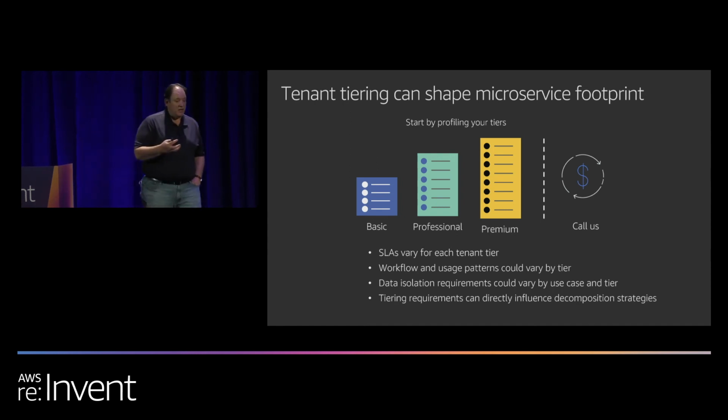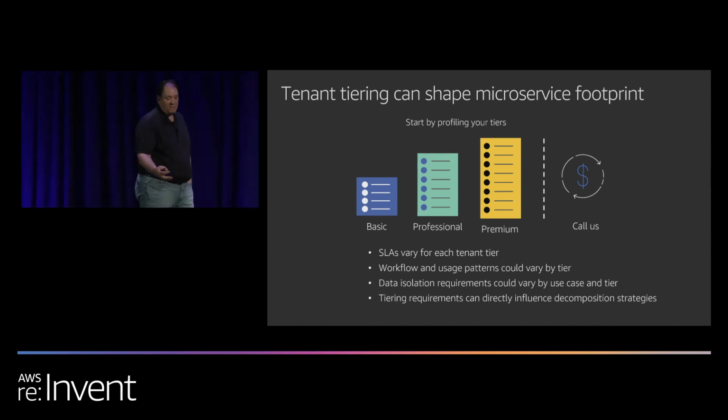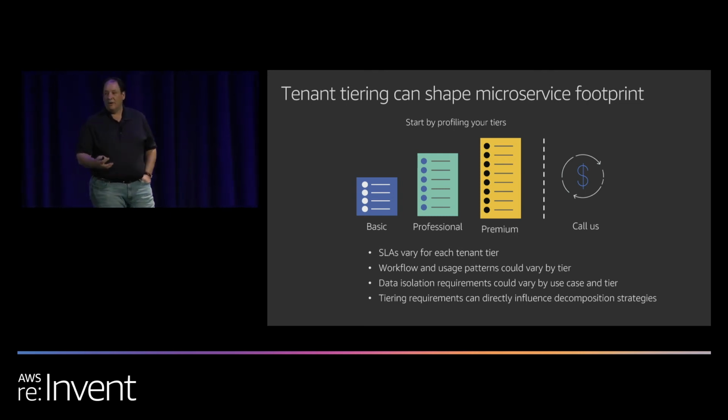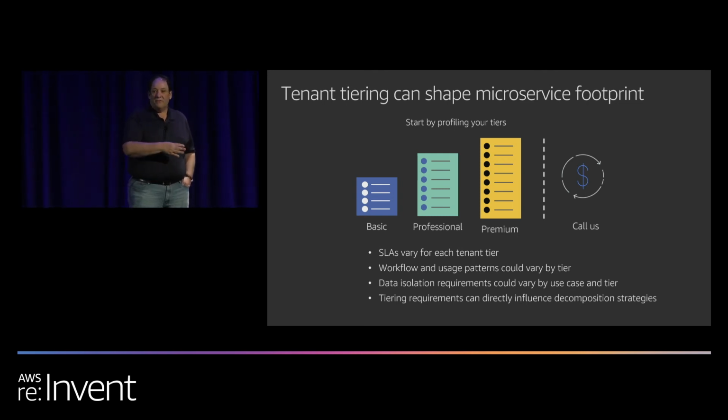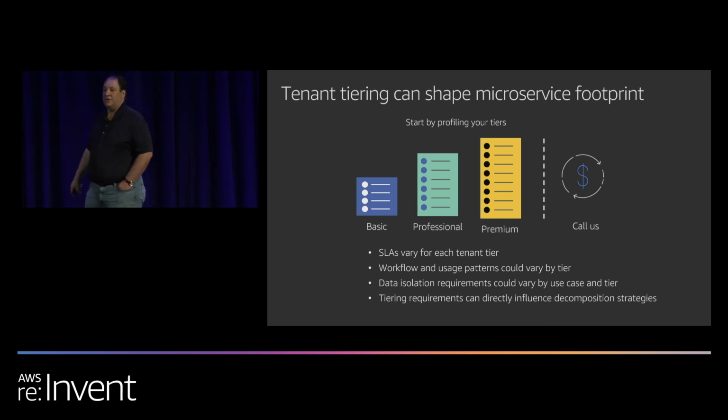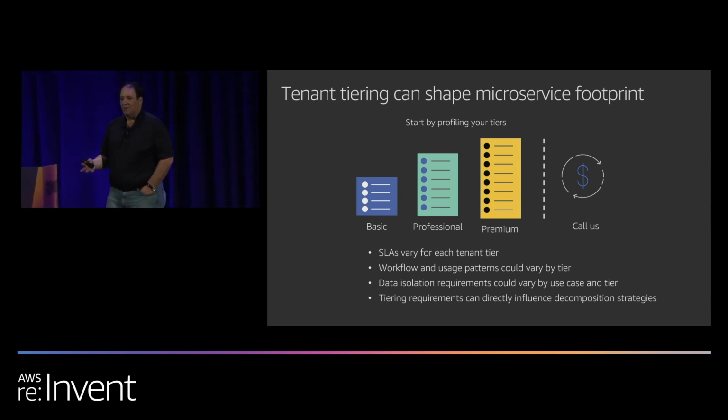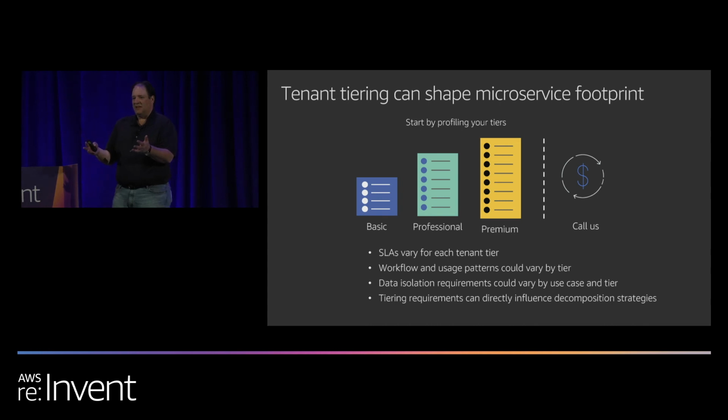Imagine I have this premium user, this premium tenant, and that premium tenant, there's some differentiating factor that said you're premium and we're going to let you do things that a professional tier can't do. Well, to make those things available, I may have to partition in ways differently so that a deployed set of functionality or capability for that premium tier will be deployed with a slightly different footprint than it is for the basic tier, right?